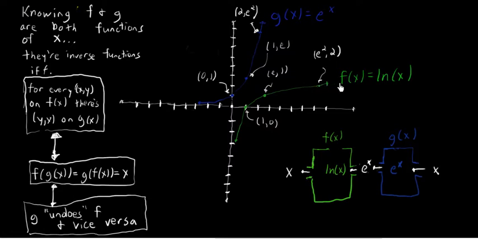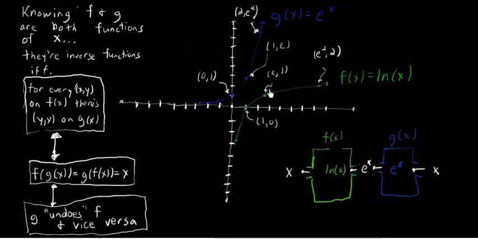So I've drawn the graphs of f of x equals ln of x and g of x equals e to the x. And you can see here that for every (x, y) on f of x, there is a (y, x) on g of x. So for example, there's a point (1, 0) on f of x, so you'd expect there to be a point (0, 1) on g of x, and there most certainly is.